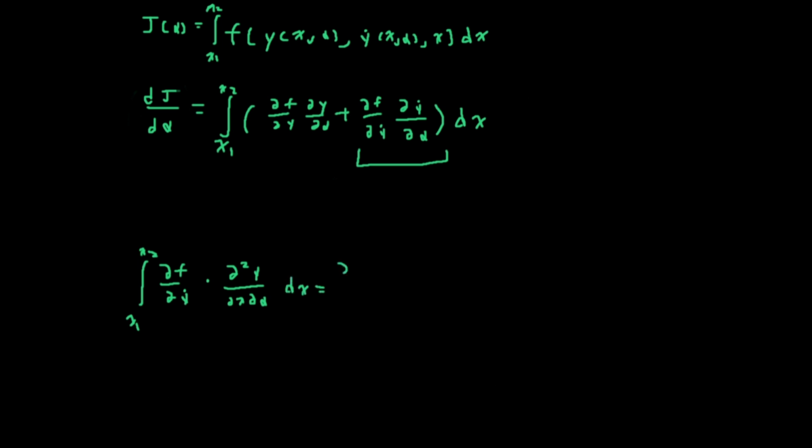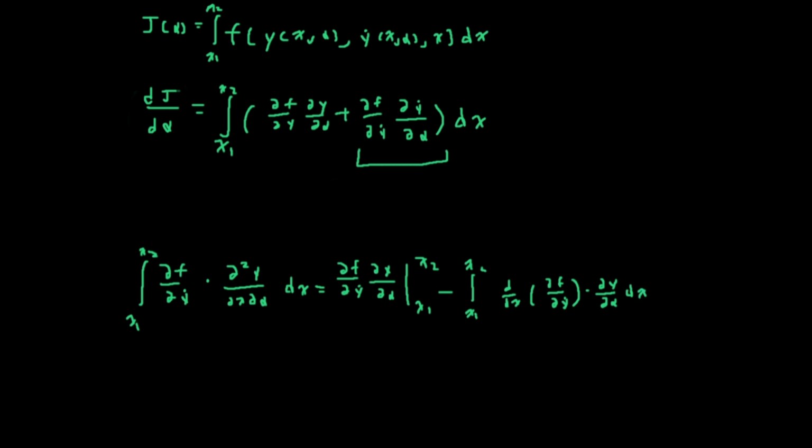If you integrate that by parts, you're just going to get df over dy prime times dy over d alpha from x1 to x2, minus the integral from x1 to x2 of the derivative with respect to x of df over dy prime, times the derivative of y with respect to alpha, and all of that with respect to x.